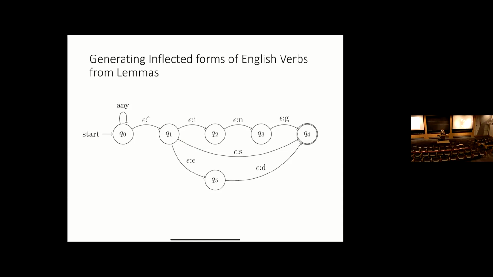So epsilon here, by the way, is the empty string. And this is confusing to a lot of people. What is the empty string? Where is the empty string?